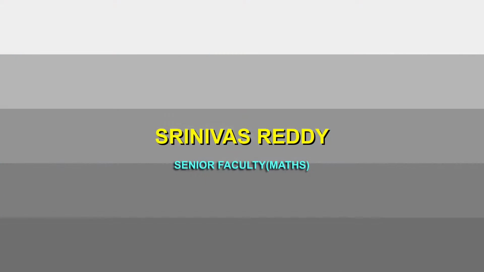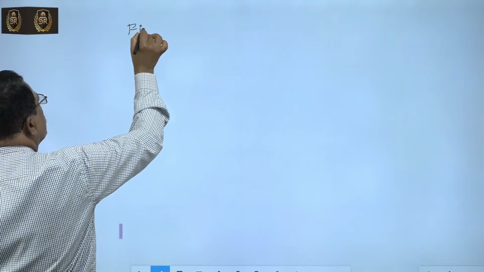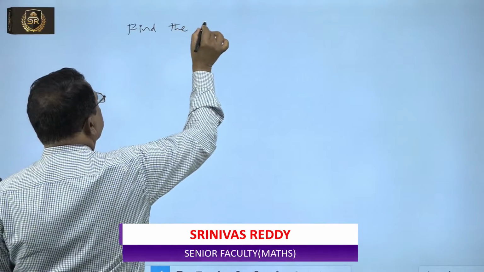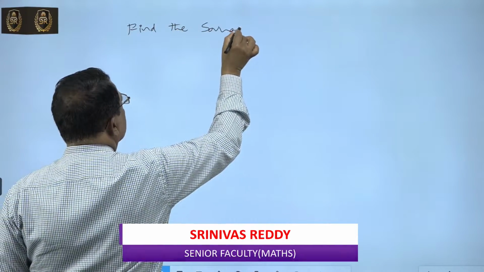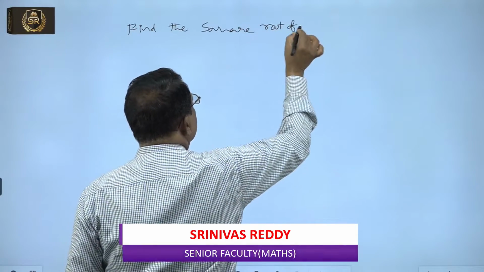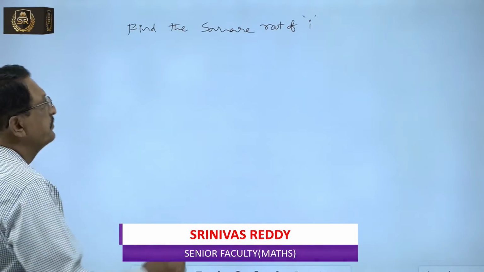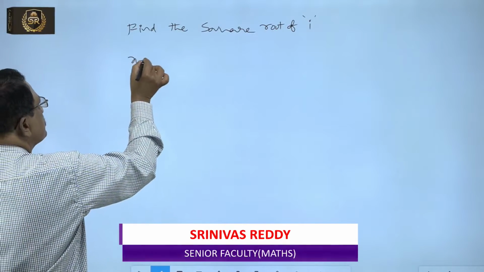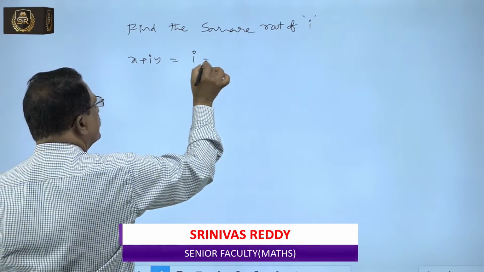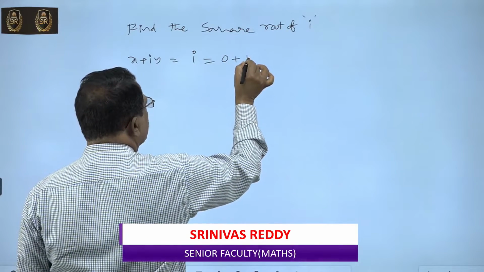Next example: find the square root of i. Now here x plus iy equals the given i. It can also be written as 0 plus 1 into i.